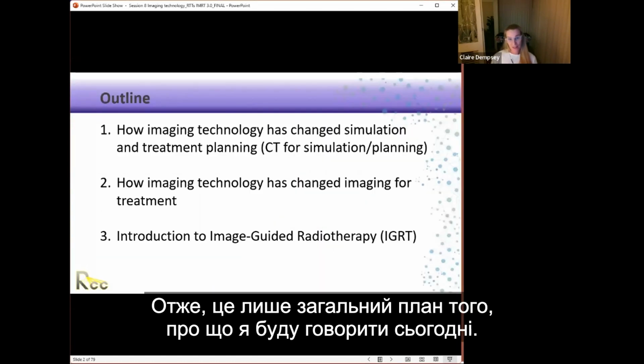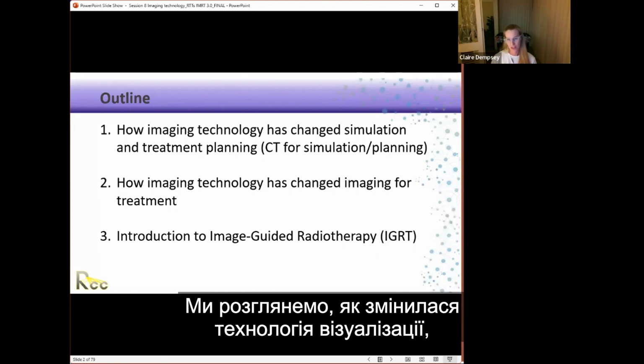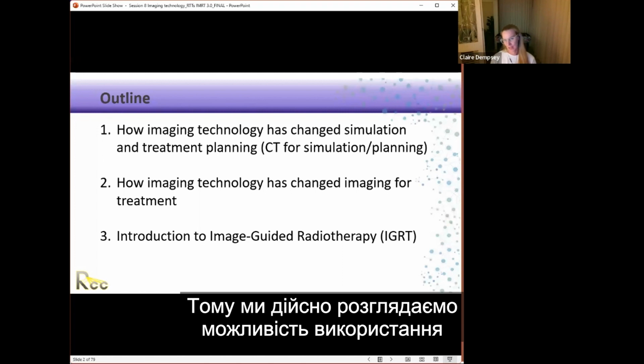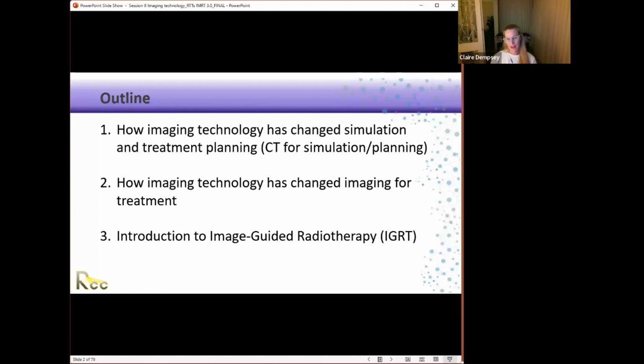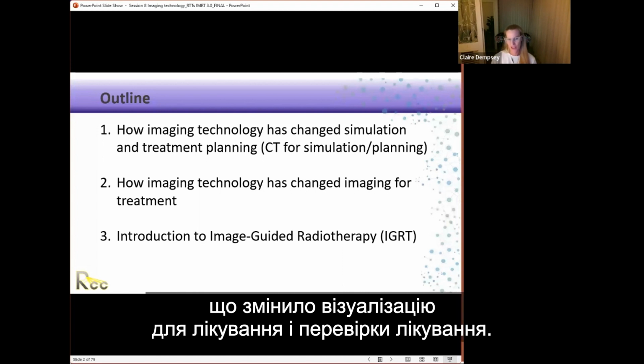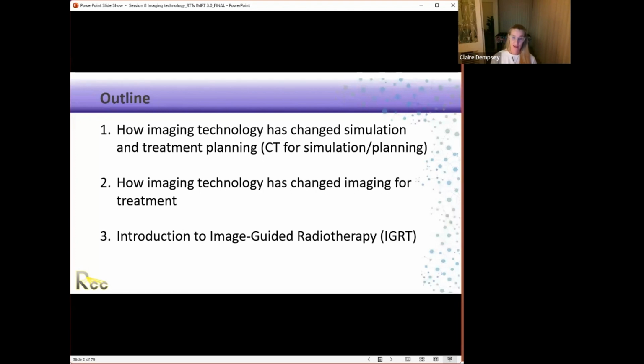So just an outline of what I'm going to talk about today. We're going to look at how advancements in imaging technology have changed simulation and treatment planning. So really looking at using CT for simulation and planning, and then how advances to that have changed imaging for treatment and treatment verification.